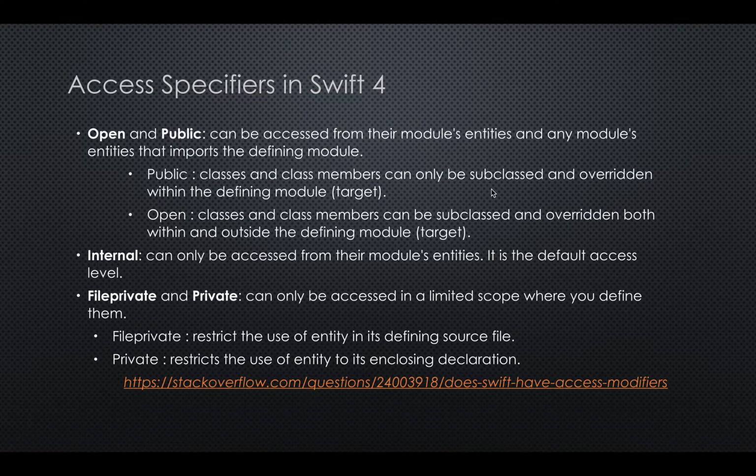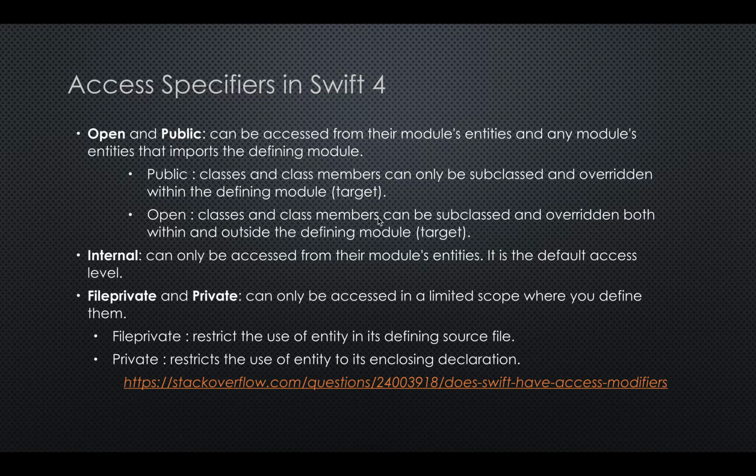The second question is access specifiers in Swift 4. We have 5 access specifiers in Swift 4: open, public, internal, file private, and private. Open and public, as the name suggests, are very much public.